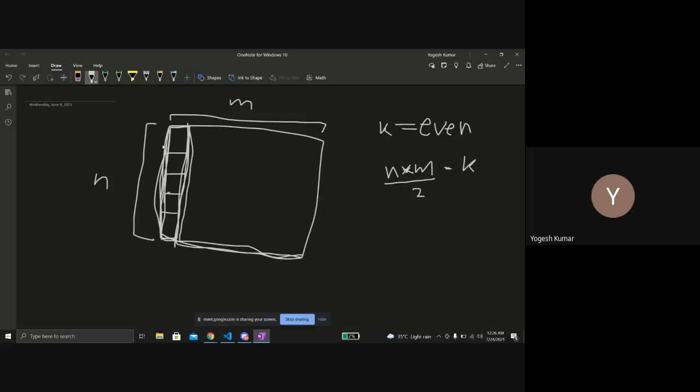Okay, wait a minute, did I make a mistake over here? Okay, call it V. If you don't have enough V to fill this column up, you cannot fill the rest up with horizontal ones.